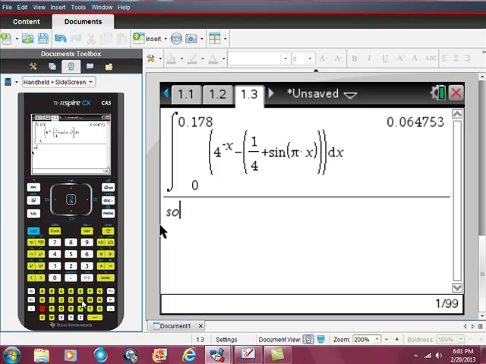So I'm going to use solve, open the parentheses, and 4 to the negative x power.